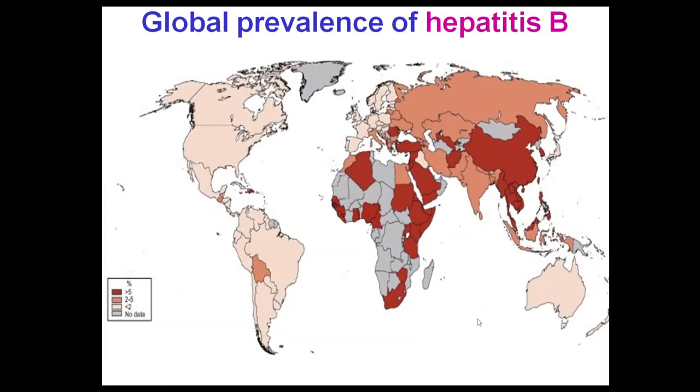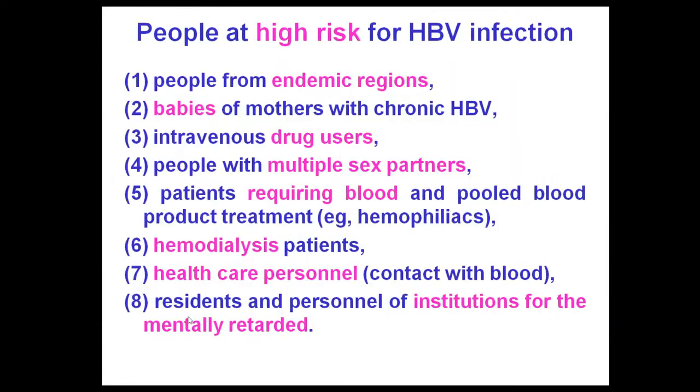See the global prevalence of hepatitis B. In the Russian Federation, the percentage is from 2 to 5, and even higher in some parts of Africa and Asia. So it is found almost everywhere. Who is at risk, my dears?